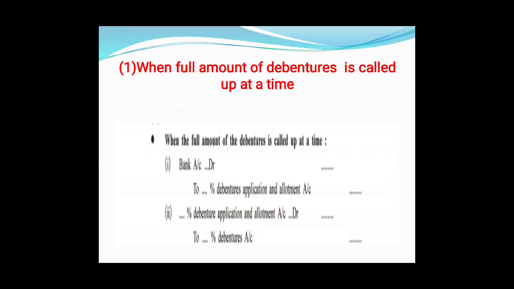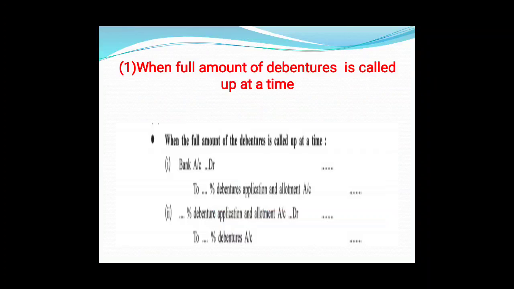Second entry, the entire amount which is credited to debenture application and allotment will now be transferred to debentures account: percentage debentures application and allotment account debit to debenture account. Friends, these are the only two entries we require when full amount of debenture is called up at a time.